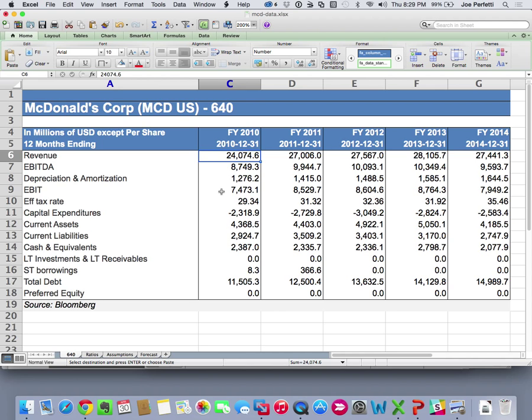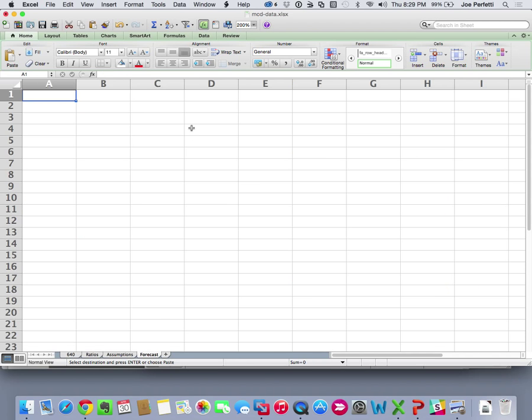Right. So basically what I'm going to do is I'm just going to recreate the historical income statement data here, right? But the difference is, instead of creating all 5 years, I'm only going to create the last historical year, right?